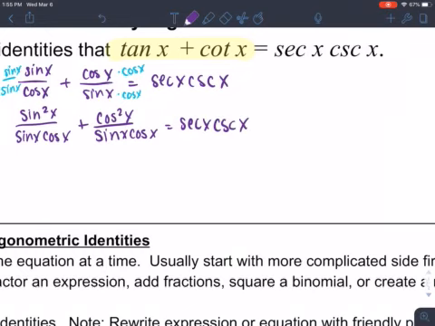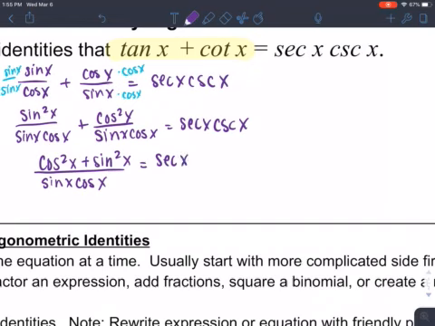How do I add fractions? Well, I need a common denominator. I have one. Yay! Common denominator, sine x times cosine x. And on the top, I have cosine squared x plus sine squared x, and that equals secant x cosecant x.